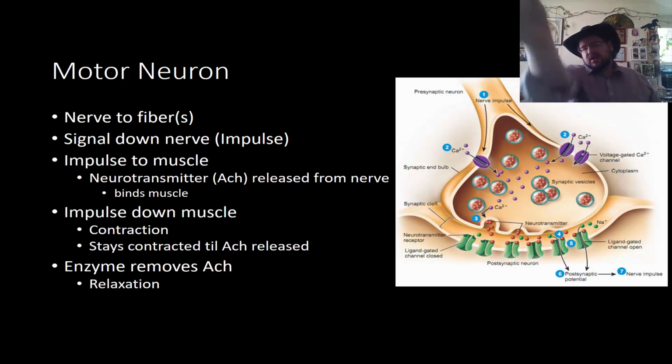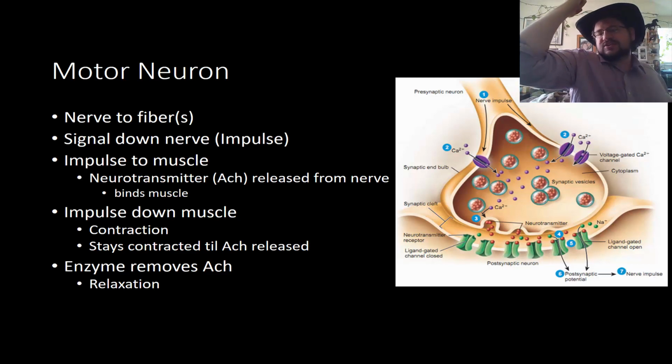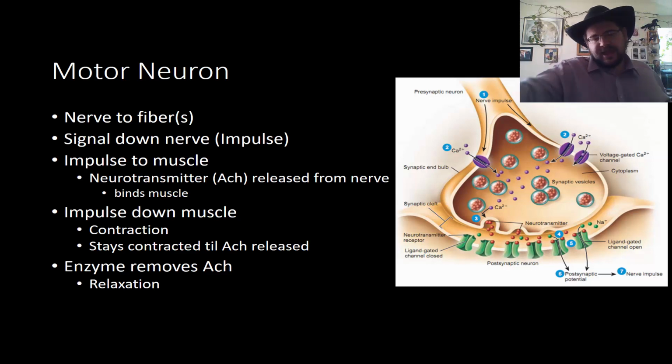So when I contract my muscle right here, it stays contracted, there's acetylcholine. And when I say it's time to relax, there's a bunch of enzymes removing acetylcholine and getting it fully relaxed. So, kind of cool. The motor neuron sends an impulse down. At the end of the motor neuron, we release the transmitter, ACH. ACH binds to the muscle cell.